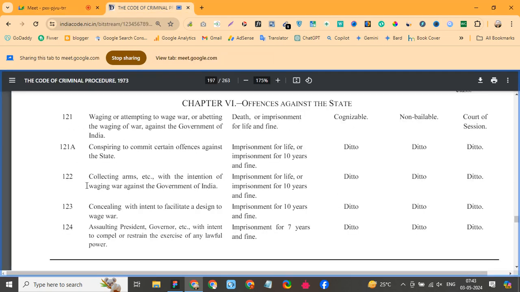So in this scenario, collecting arms under section 122 with the intention of waging war against the Government of India: ditto means whatever was written above applies here. It is a cognizable offense, non-bailable offense, and triable in the court of session. So this will be the scenario.